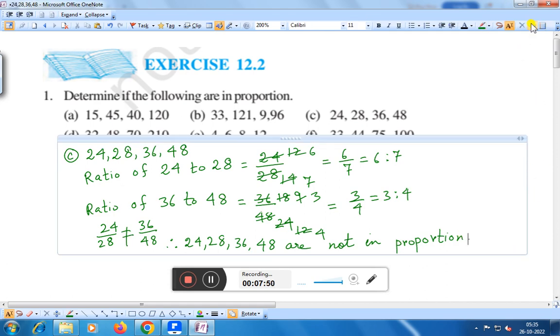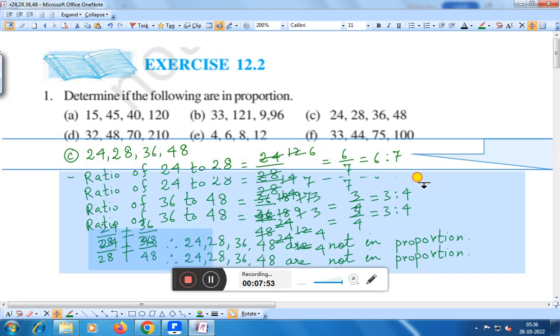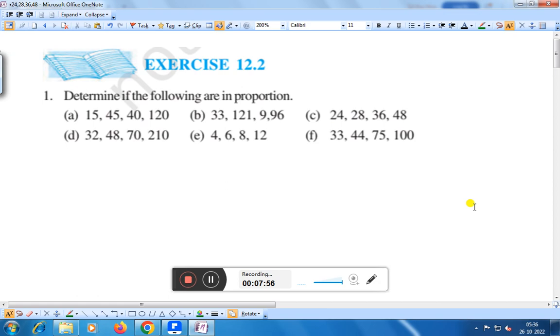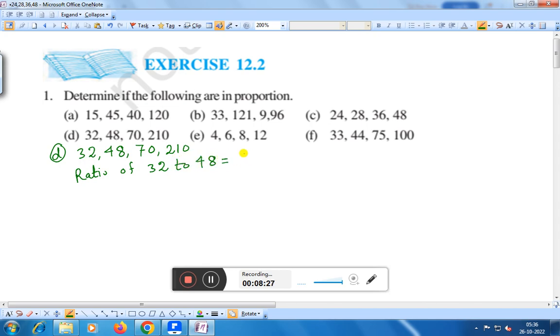Question number D is 32, 48, 70, 210. Ratio of 32 to 48 comes to 32 by 48.